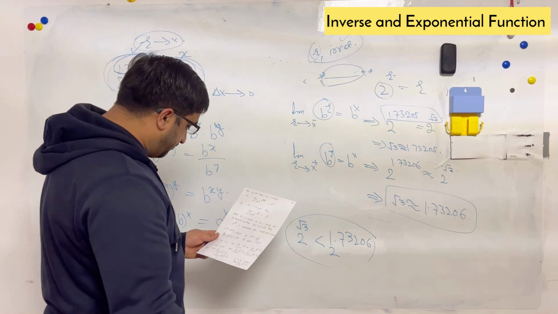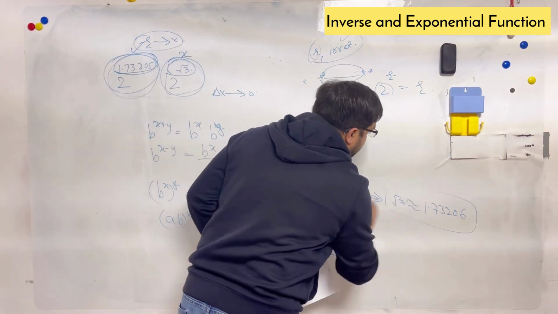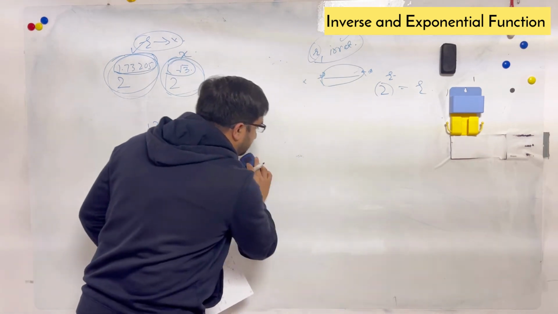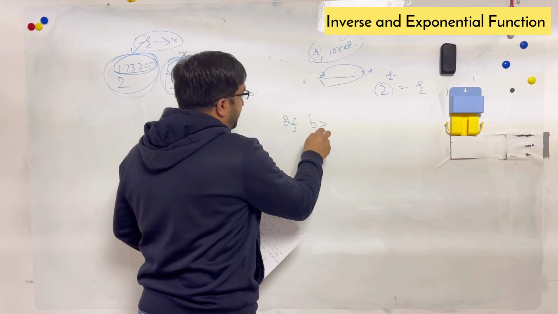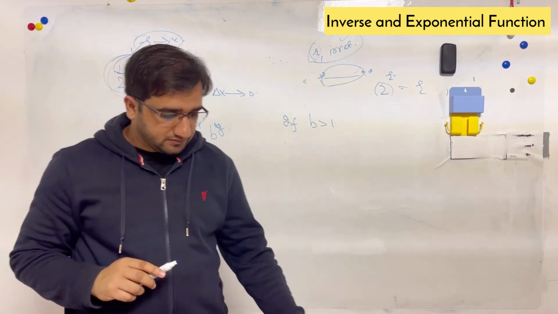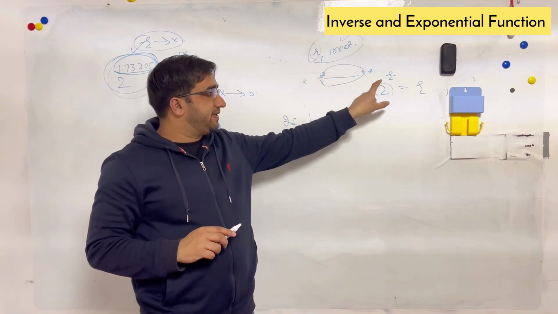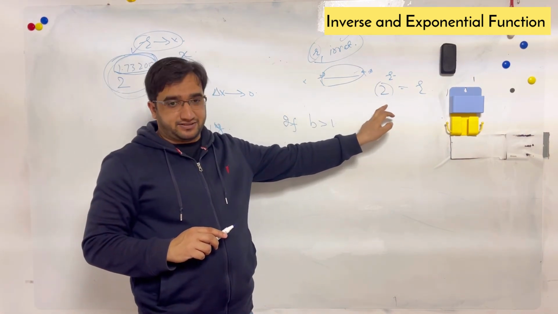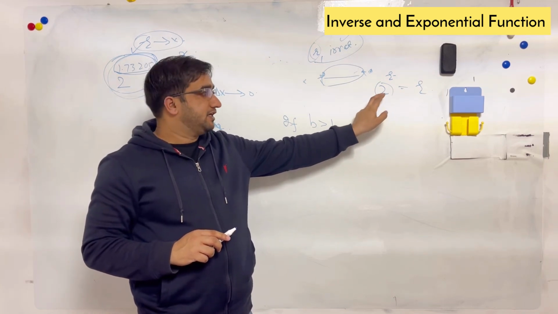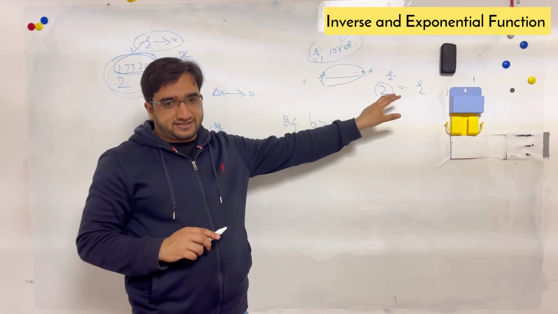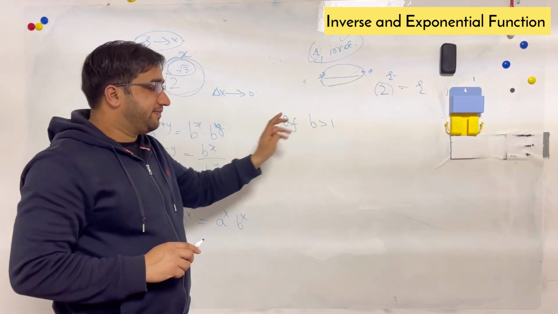And two very important rules you should keep in mind. If the number b is greater than 1, keep this thing in mind that in an exponential function, the base will always be greater than 0. It will never be less than 0 in the exponential function. So either it can be 0 point something or it can be 1 point something and so on. But it will never be a negative number.